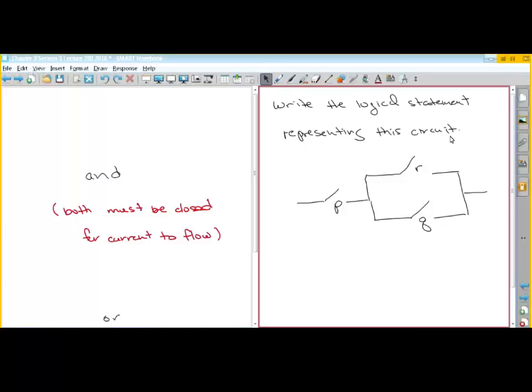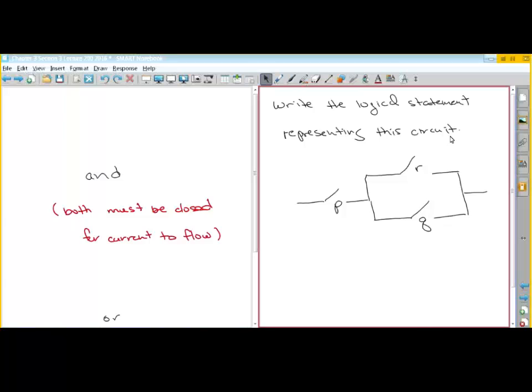So we don't really have to worry about whether it's open or closed. We're just saying that these two switches, which are equivalent to statements being true or false, are in parallel. So we're going to use an or statement to connect these two in our logic. Then we have this part connected end to end with this switch, so this switch is in series with this whole thing.